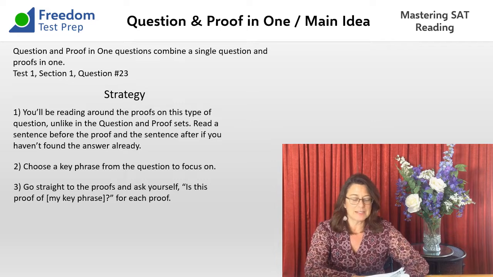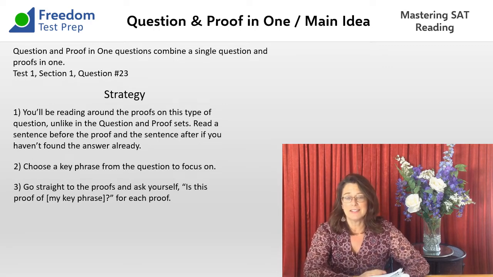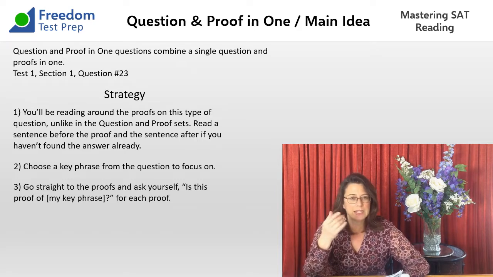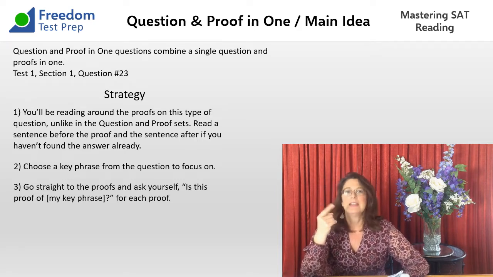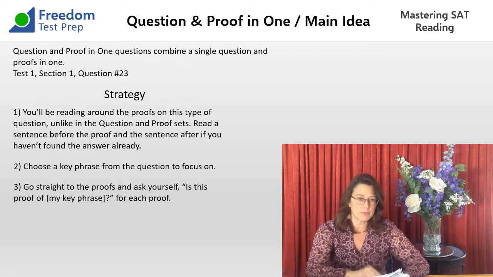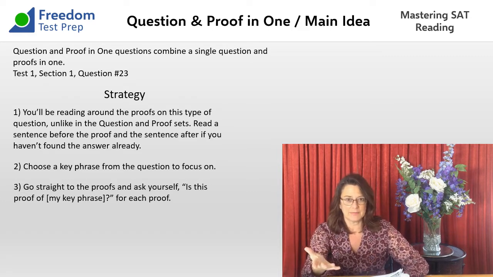So that's the only one we're doing. Basically, I want to remind you on these questions to find a key phrase. Always find a key phrase in the question so that you can keep that in your head as you're asking yourself, is this proof of this thing?